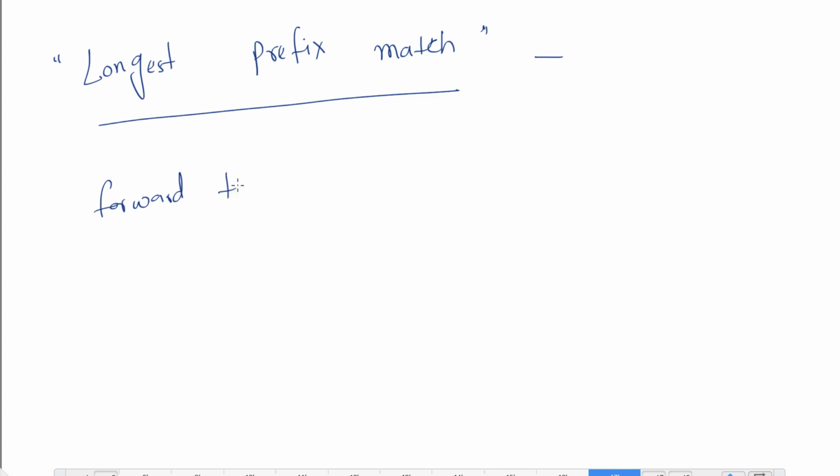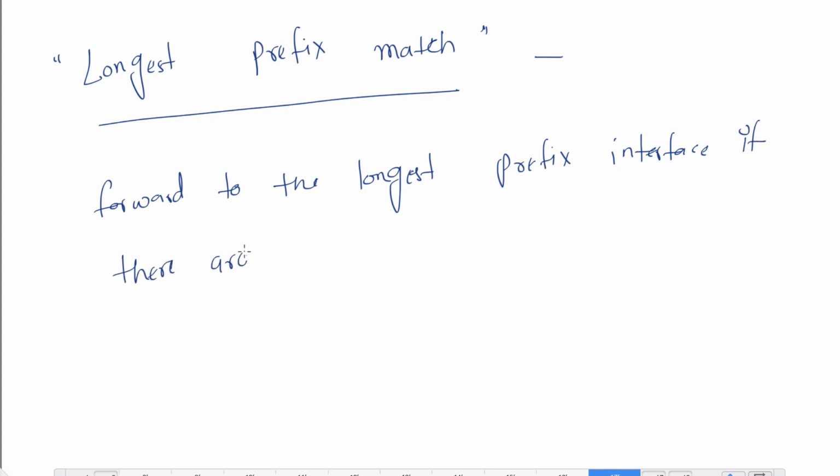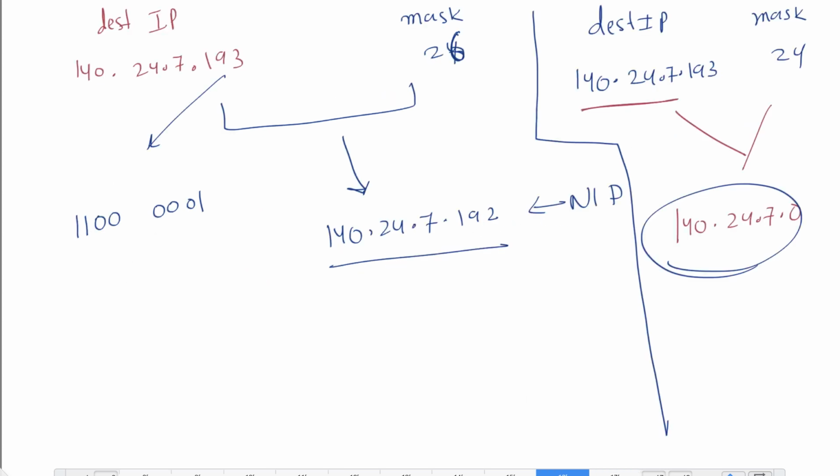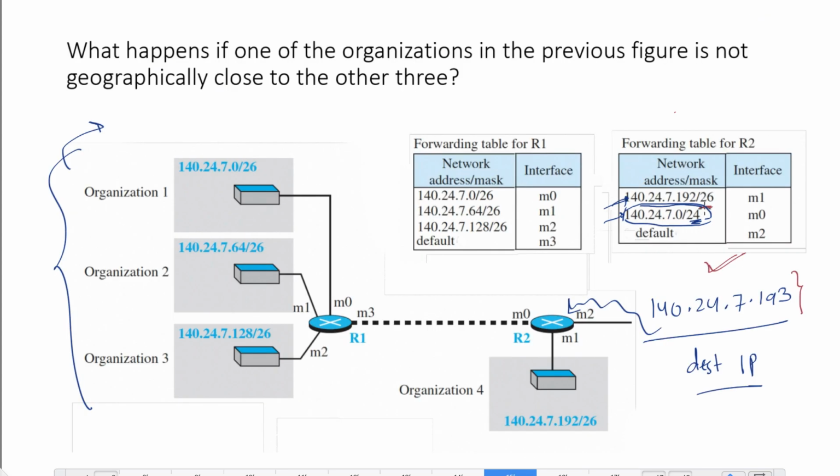Forward to the longest prefix interface if there are multiple matches. So here, since there are multiple matches, it will forward to M1. It will get forwarded to M1. Why? Because this 26 is greater than 24. That is why it will get forwarded to M1.